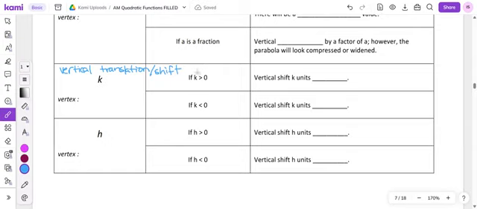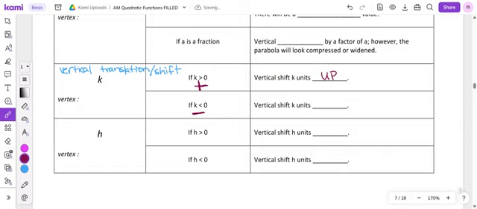Now, if k is greater than 0, and I know sometimes these greater than less than signs can be confusing, so let's even put a positive sign next, like k is bigger than 0, right? It's positive. K is less than 0, it's negative. So when k is bigger than 0, there's a vertical shift or vertical translation, k units up.